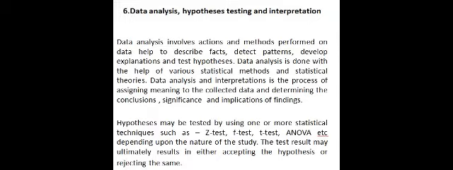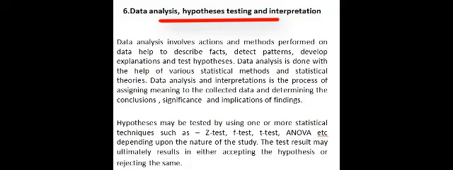Sixth process of research is data analysis, hypothesis testing and interpretation. Data analysis involves actions and methods performed on data to help describe facts, detect patterns, develop explanations and test hypotheses. Data analysis is done with the help of various statistical methods and statistical theories.